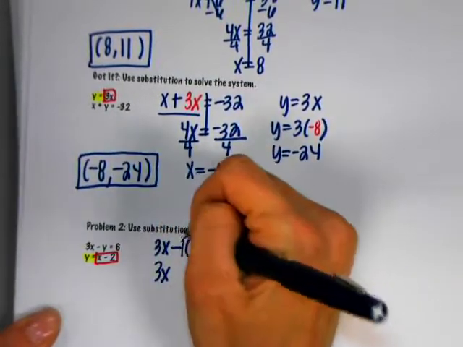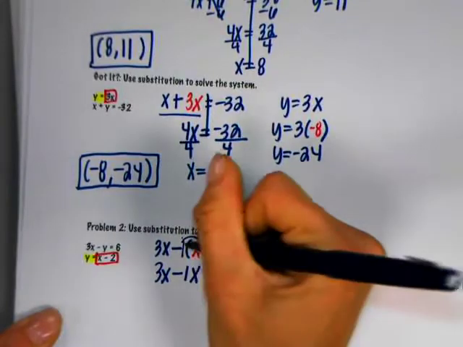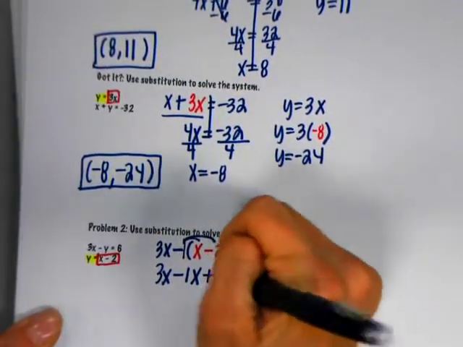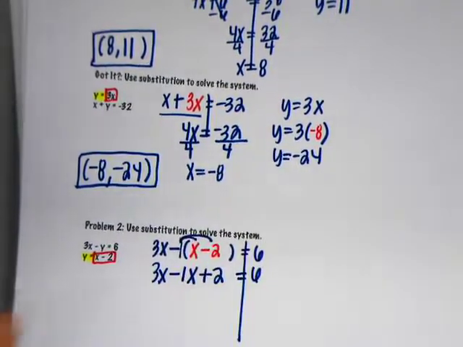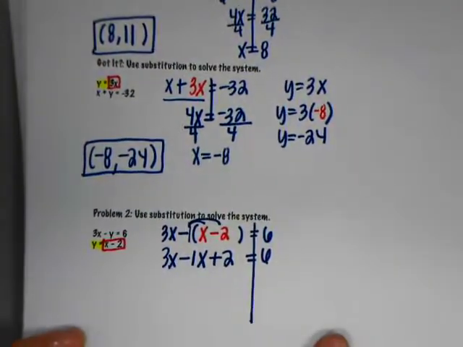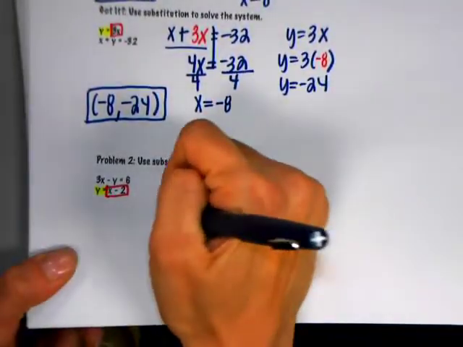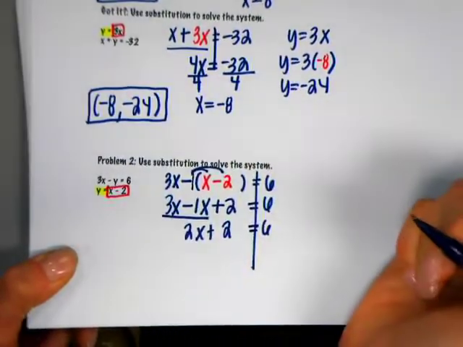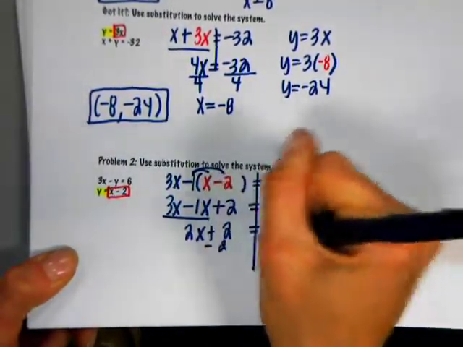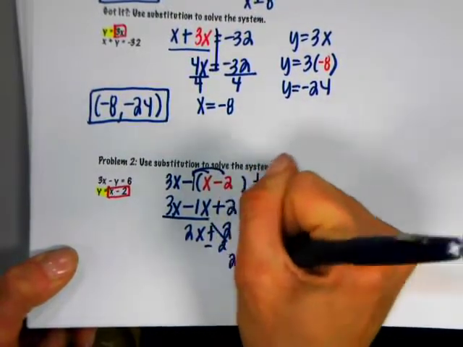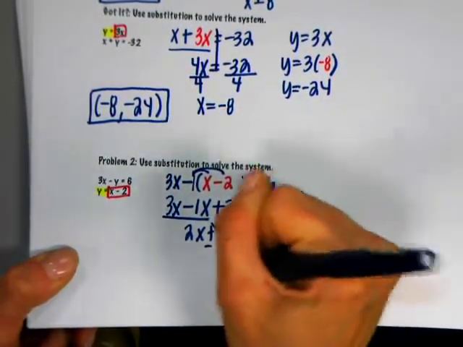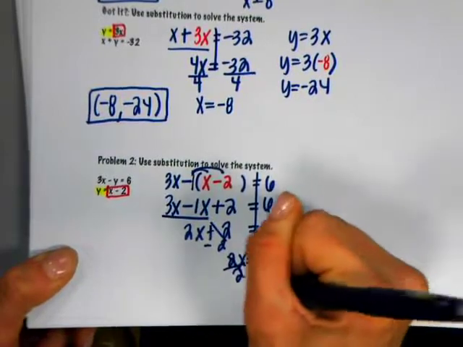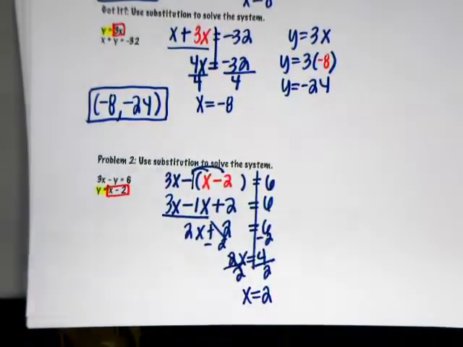So negative 1 times x is negative 1x. Negative 1 times negative 2 is positive 2. Combine like terms, 3x minus 1x is 2x. And then keep solving, so minus 2. 2x equals 4. Divide, so x equals 2.